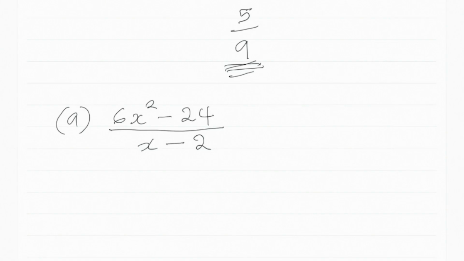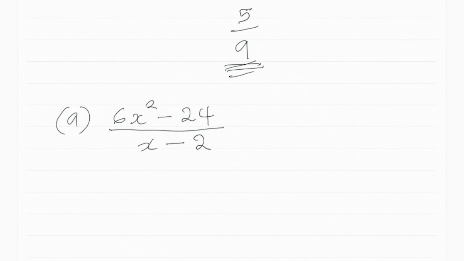When you look at the given mathematical expression here, which we've been asked to simplify, it is clear that the numerator of this given expression is a quadratic expression, and the denominator is a linear expression.